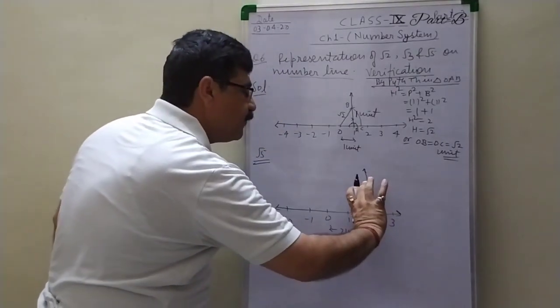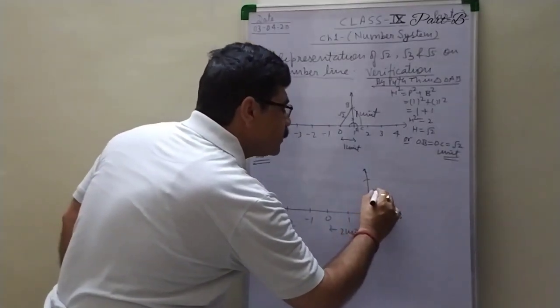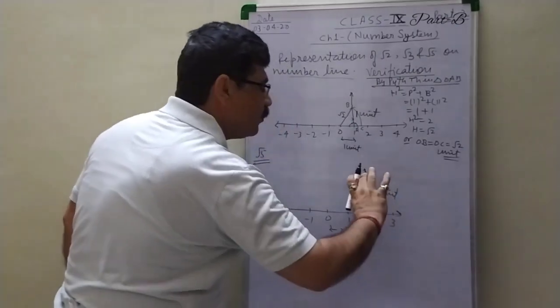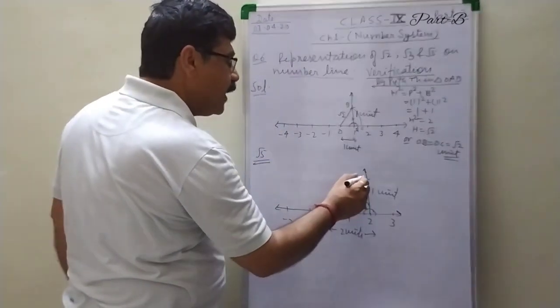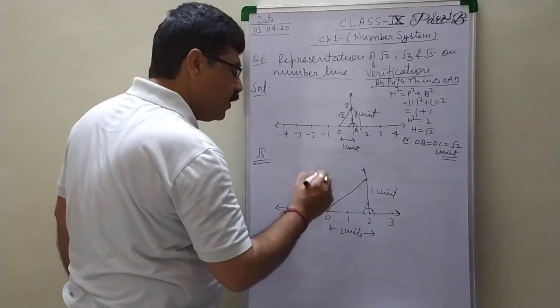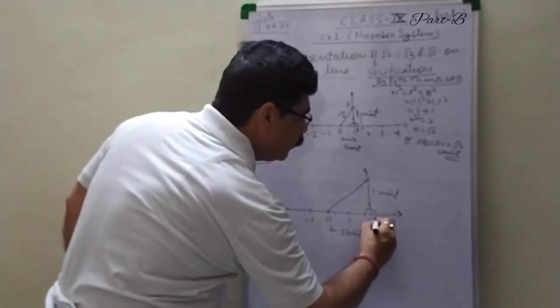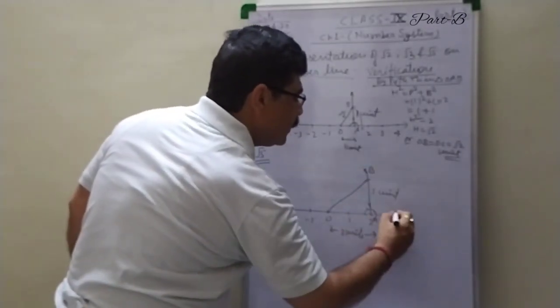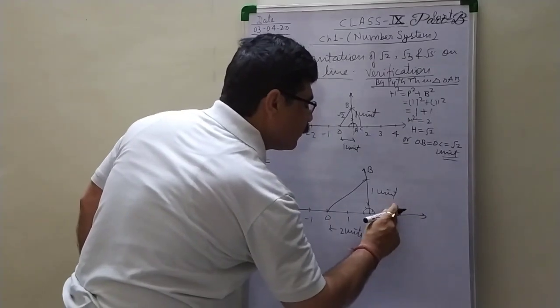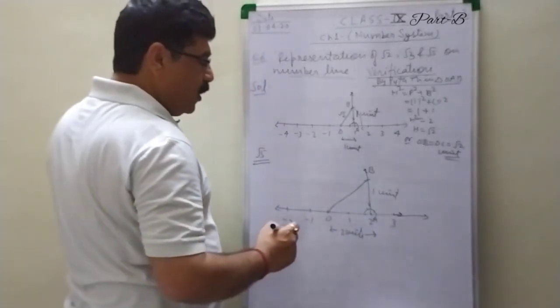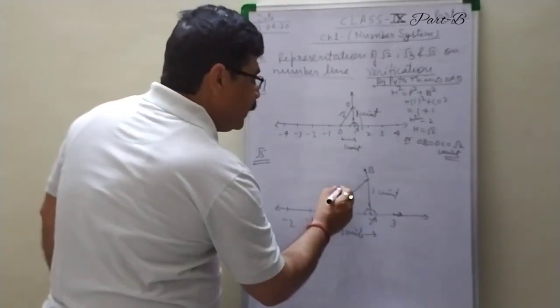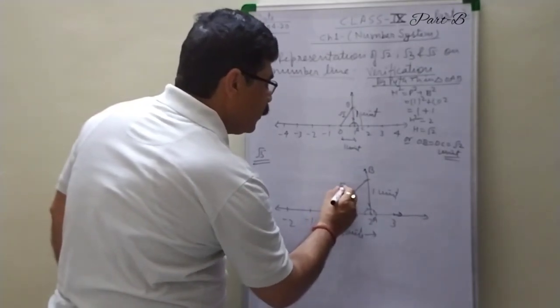Now we take 1 unit distance on the perpendicular and join to 0. If we want to give names, we can write like this. This distance will be root 5 units.